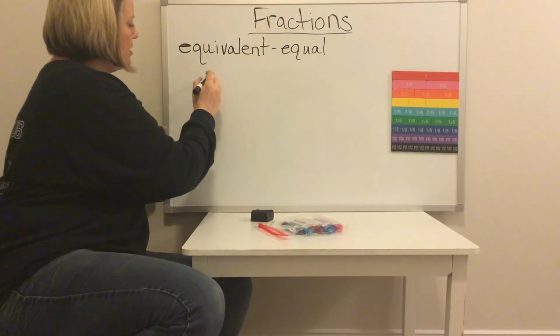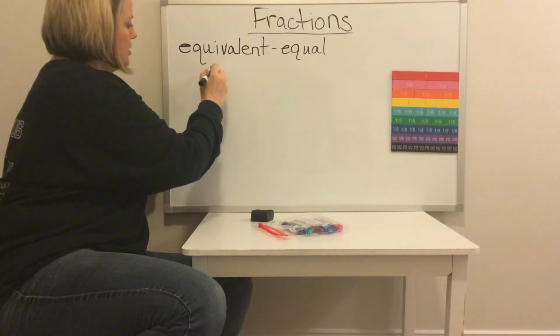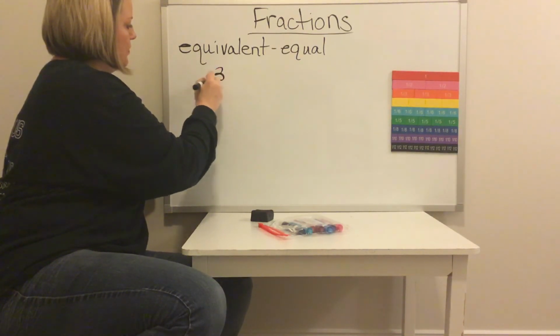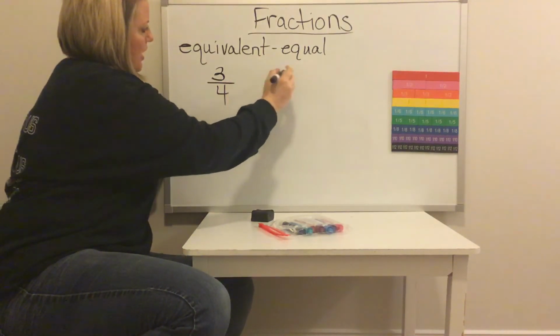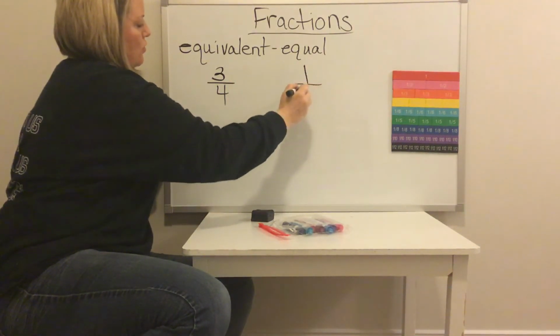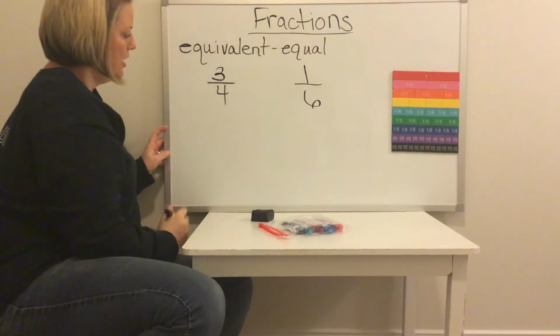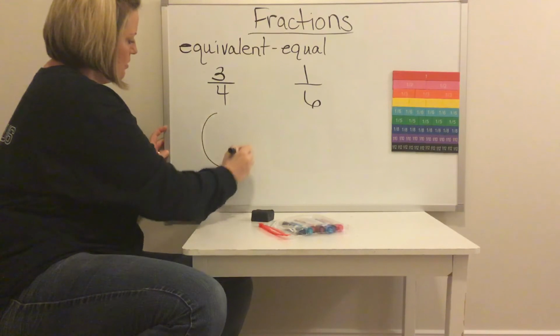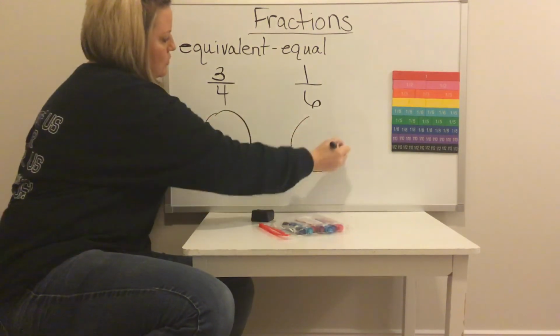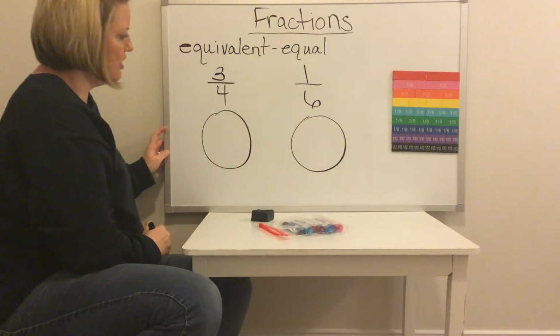Let's say you had the fractions 3/4 and 1/6, and then you might see a circle of the same size for each of those.